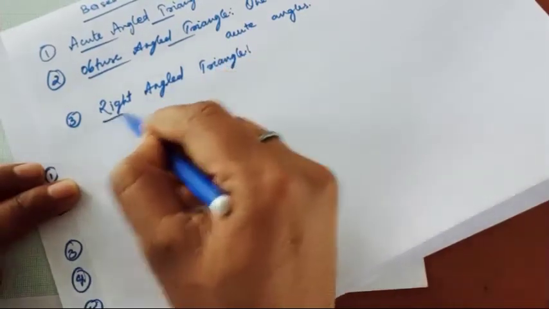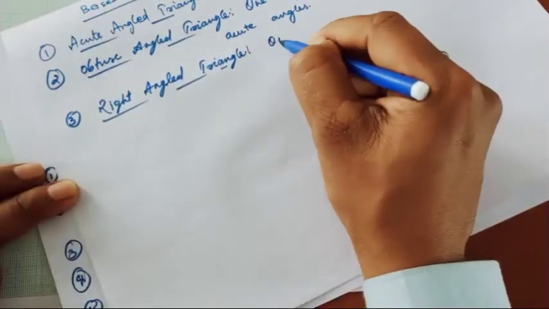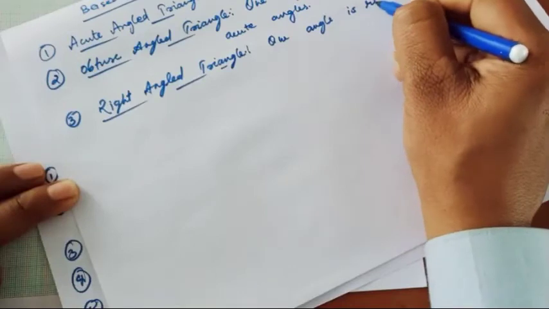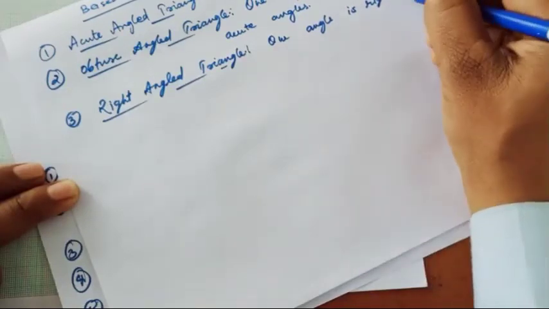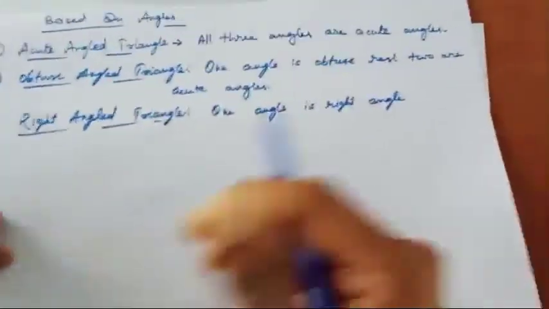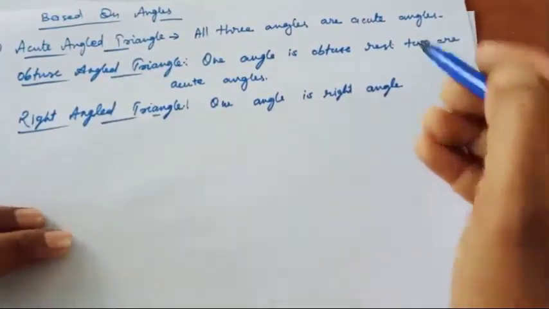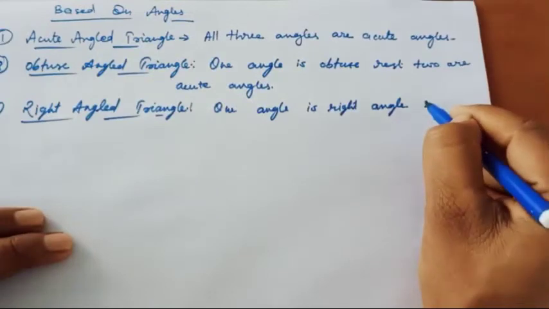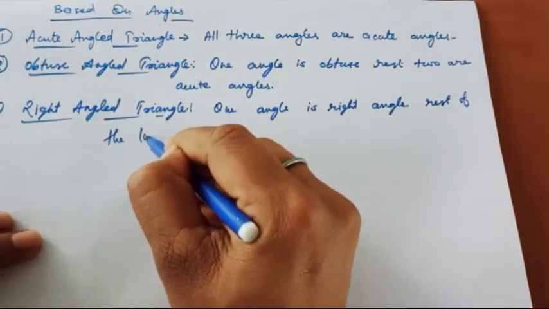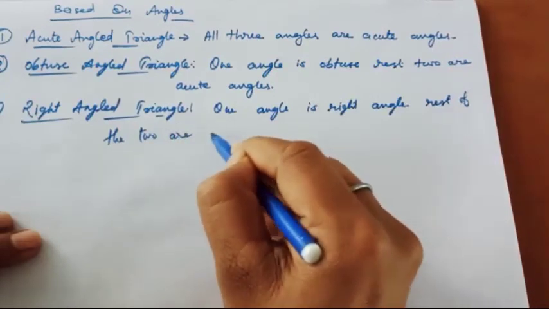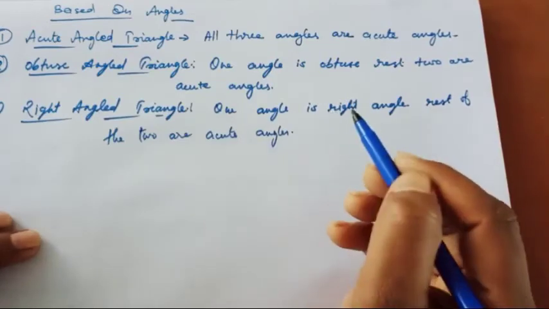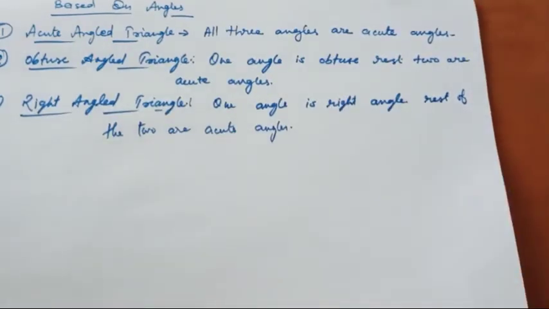What is this, my dear children? In that, one angle is a right angle, rest two are acute angles.